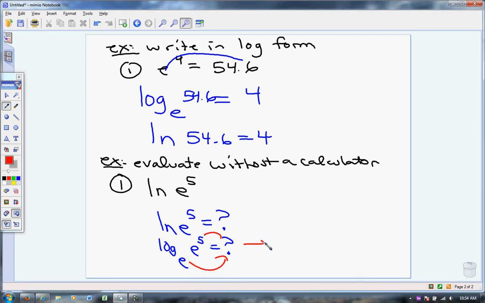We're going to say e to what power equals e to the fifth. And of course, that's going to be 5. So my answer is that the natural log of e to the fifth is 5. And that's actually a property that we're going to talk about later. If I have log base e of e to whatever power it is, it's just going to be the power. Okay? It's a nice little property.